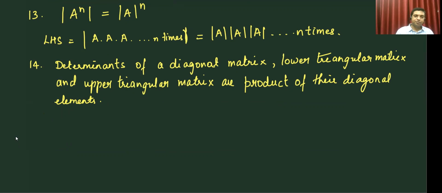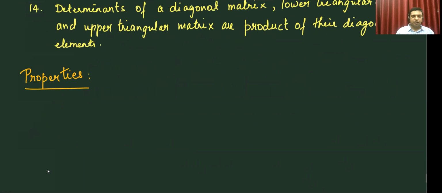Now we'll do some problems on determinants using these properties. Like in math, trigonometry has certain rules, and based on those rules you need to practice problems. Likewise, for determinants you will have to practice how to evaluate the determinant using all these different properties.